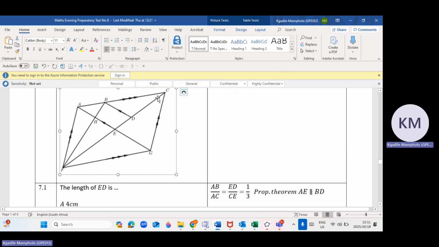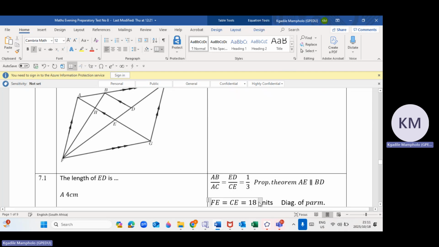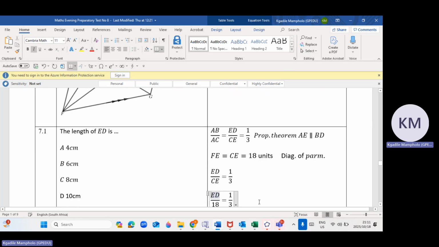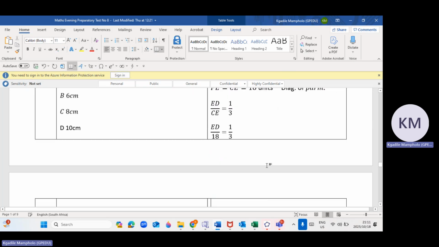We know that AB over AC is equal to ED over CE, and CE equals FE because the diagonals of a parallelogram bisect each other. Now we'll have 1/3. Where we see CE, you will put 18, then you cross multiply, then ED will be a third of 18, which is 6 units.